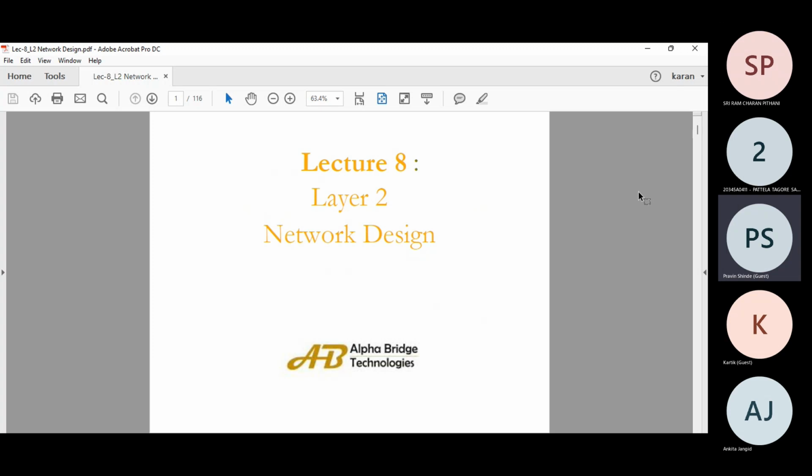Okay, so any issues? No, sir. So the concept is clear of what a layer 2 network design is. Yes, sir. Clear, sir.